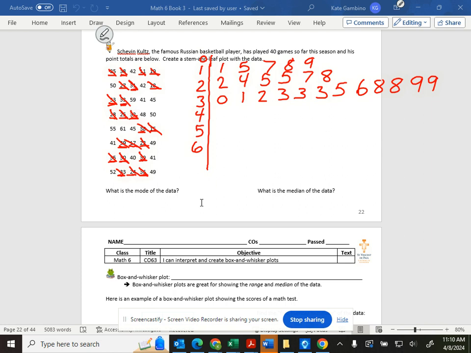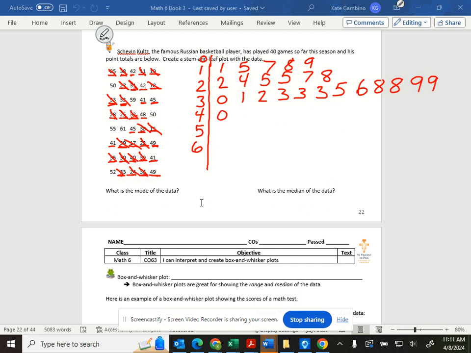So now I'm going to look at my 40s. 42, 42, 41, 45, 48, 45, 41, 49, 40, 41, and a 49. So what is my first 40s that I see? I have a 40 right here. So there is a 0 I have to put.